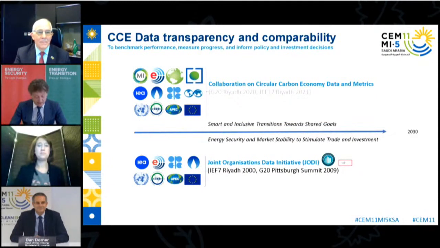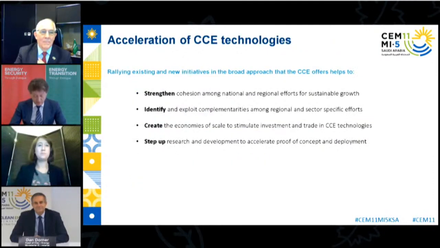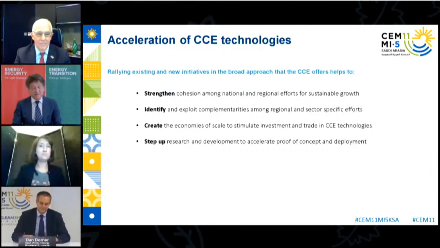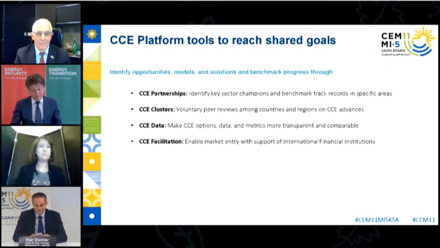Next slide, please. A smart and agile approach will strengthen cohesion among national and regional efforts, identify and exploit complementarities, create the economies of scale that we need, and step up research and development to accelerate proof of concept and shorten lead times to market deployment. Next slide, please.